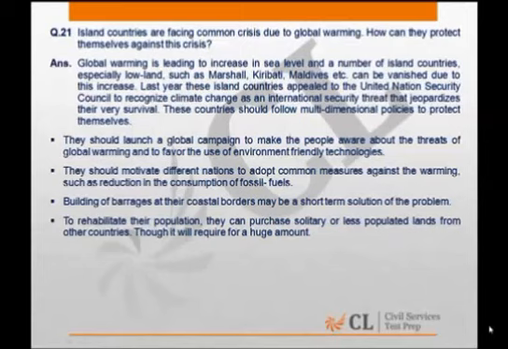Moreover, these nations should launch a campaign in the world against global warming so that different and reluctant nations also come to support them. These are some solutions for the problem discussed in question number 21.